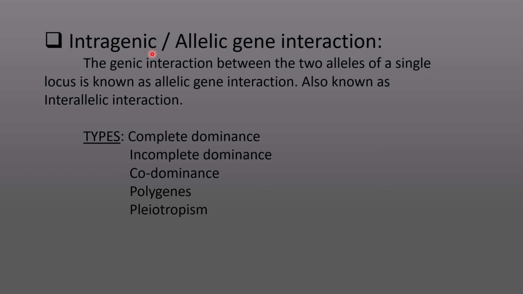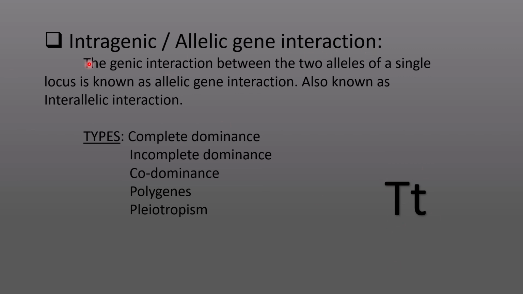Genic refers to genes, intra means within. The interaction is happening within the genes. What is there within the genes? There are alleles. So this can also be called allelic gene interaction.